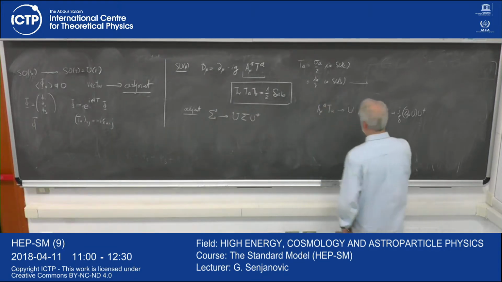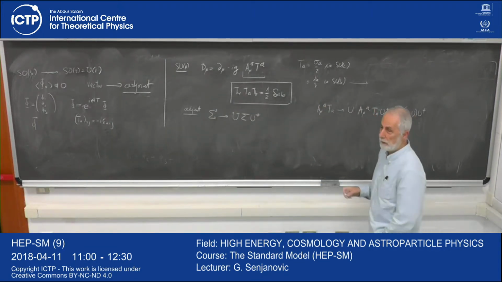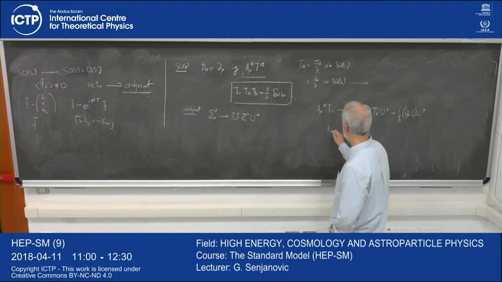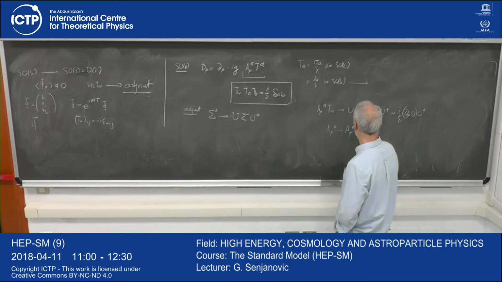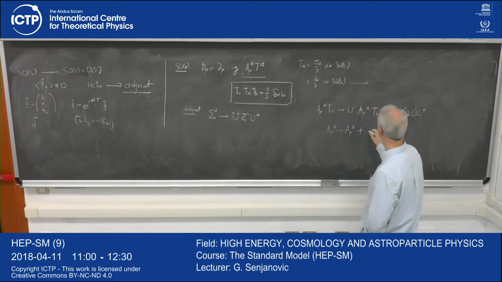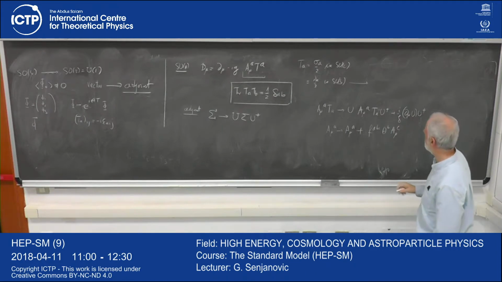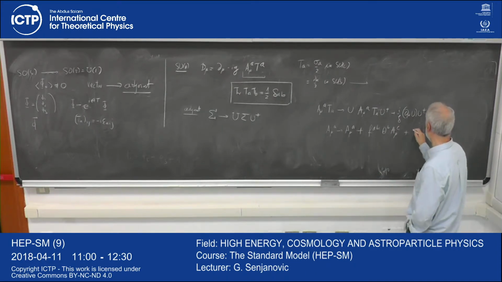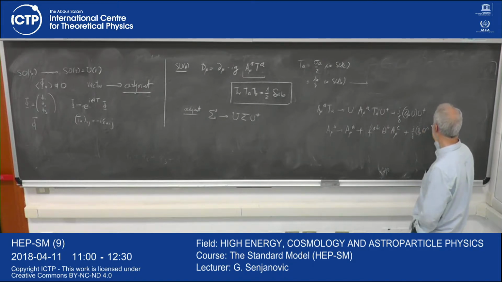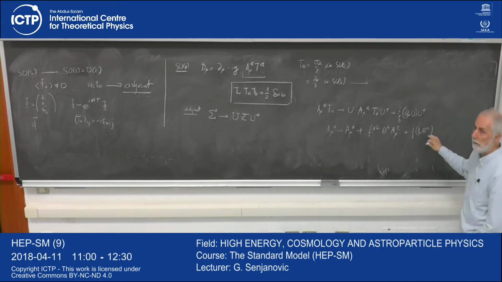If you do it without, oh, you did it without T^As. I mean, you wrote how A mu transforms. Then you will get f^ABC theta^B A mu^C. Is that how you did it? Then there is i over g d mu theta^A. There's a gauge piece always, okay?